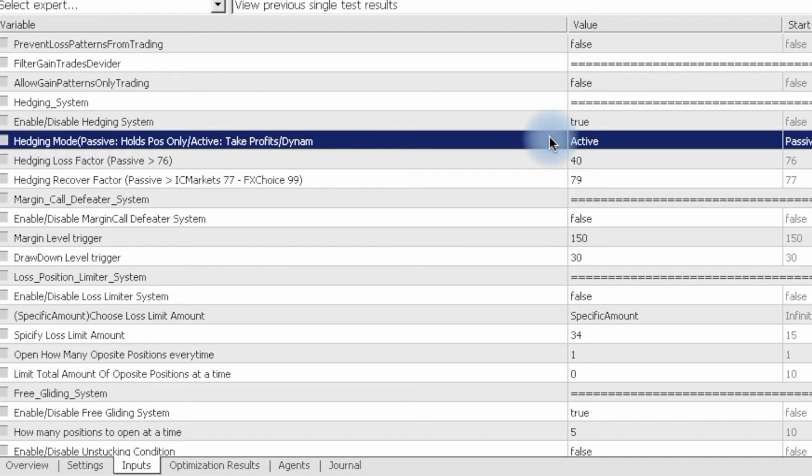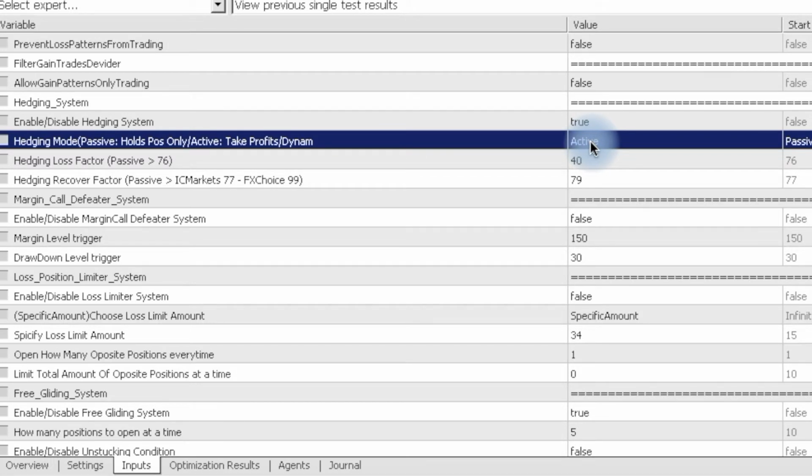So for example, we had a losing buy and the price is dropping, so the system will open a sell. Now, if the price keeps dropping, the sell will actually gain money. So this active condition will take the profit and then open another sell.